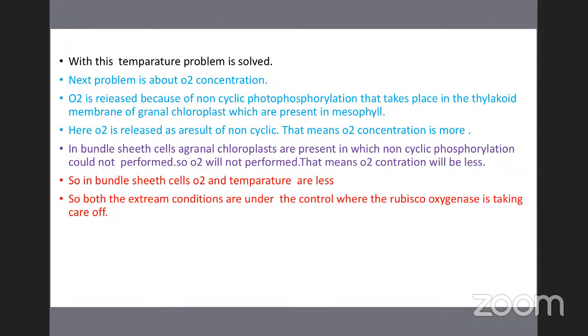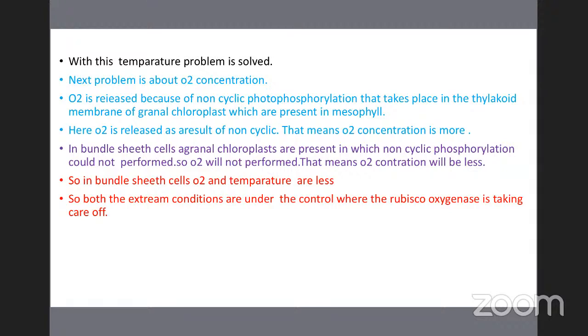That means high temperature and high O2 concentration change the nature of Rubisco. That's why in mesophyll, these two conditions are extreme. That's why there, conditions are not favorable to perform the C3 cycle.